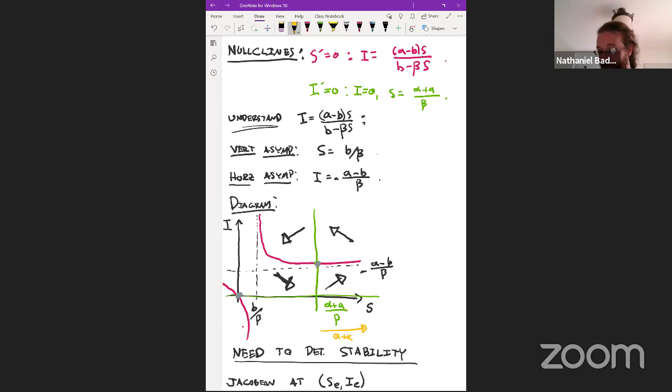All right. So what happens then is that this line also moves down, this asymptote. As we increase A, the null line moves down.